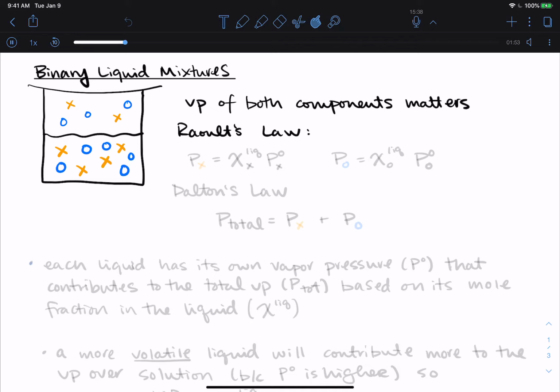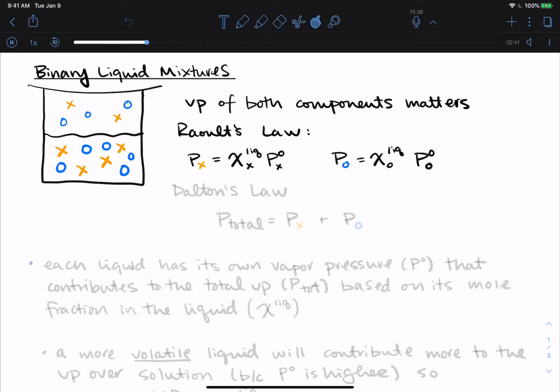So separately, if we think about it, the vapor pressure due to, let's do the X's first, liquid X, will be the mole fraction of X in the liquid times the pure vapor pressure of X. And the pressure over the solution from O will be the mole fraction of O in the liquid times the pure vapor pressure of O. Okay, so maybe O wasn't the greatest choice with the circles, but hopefully this feels okay to you.